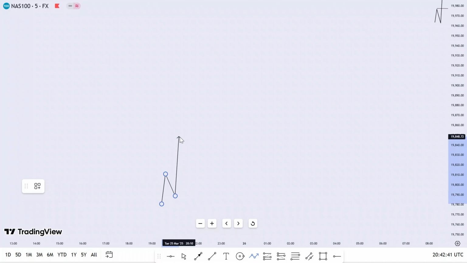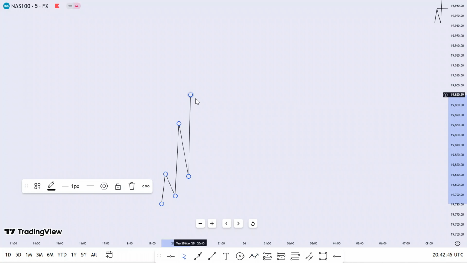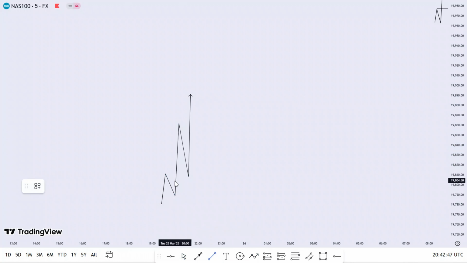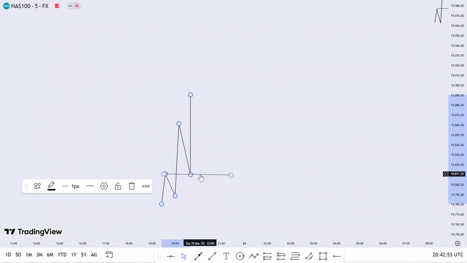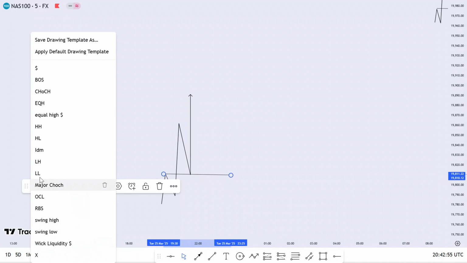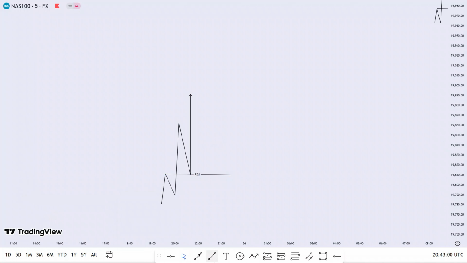So this is what the RBS looks like. This is the RBS for the bullish scenario.